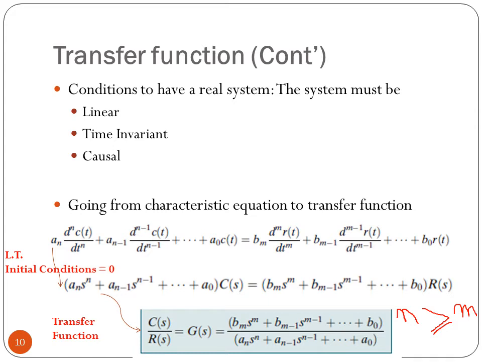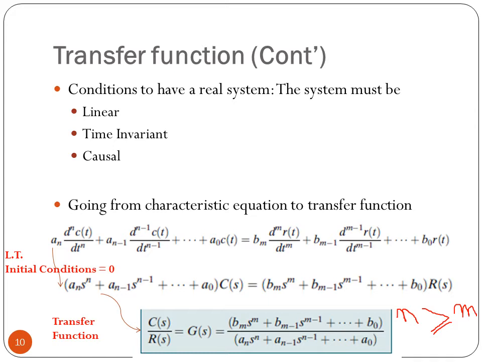This is not really the case over very long time frames, years for example, because the mechanical or electrical system characteristics and operation will degrade, but we will consider that the test is achieved in a small period of time. And finally the system must be causal, which means that the output at instant t depends mainly on the input at instants t minus 1, t minus 2, t minus 3.